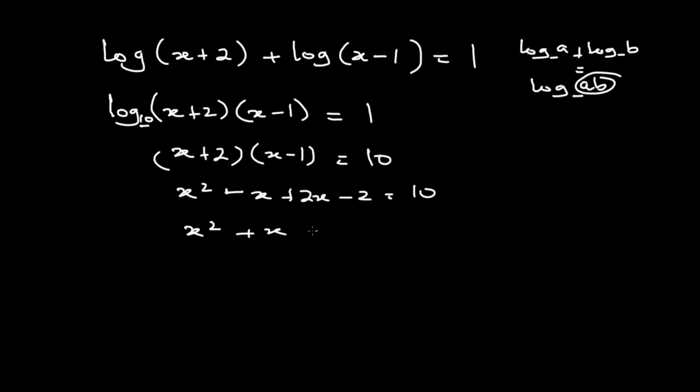So this is plus x minus 2 equal to 10. Now what I'll do is I'll bring this the other side, so I get my eventual equation that I can solve. This is minus 2 minus 10, that's minus 12 equal to 0 now. This already I can see product is minus 12 and the sum is plus 2.